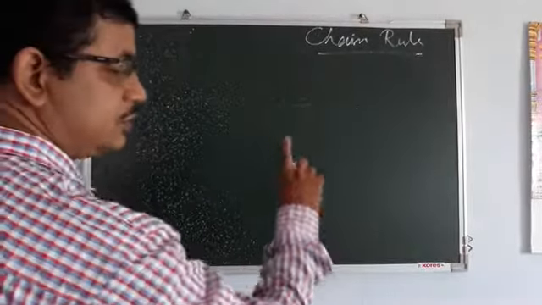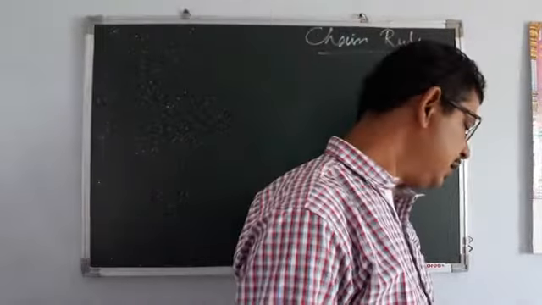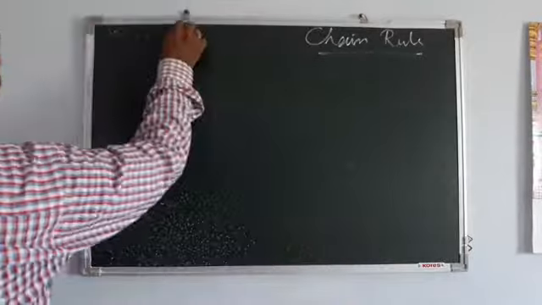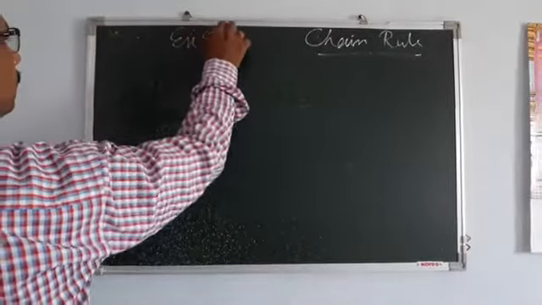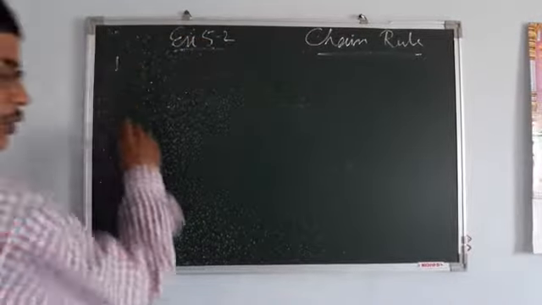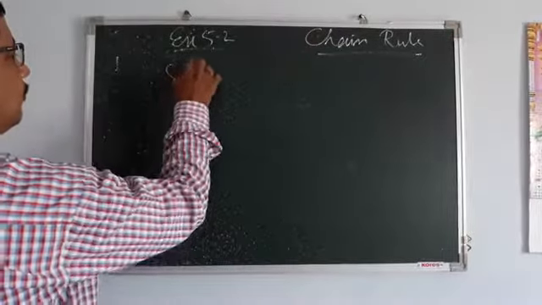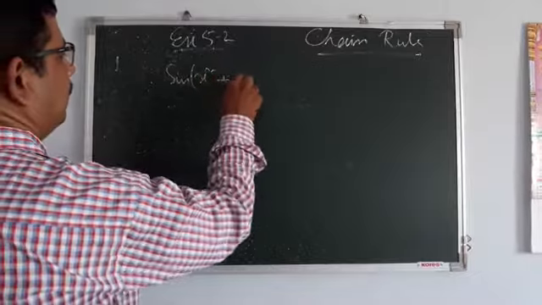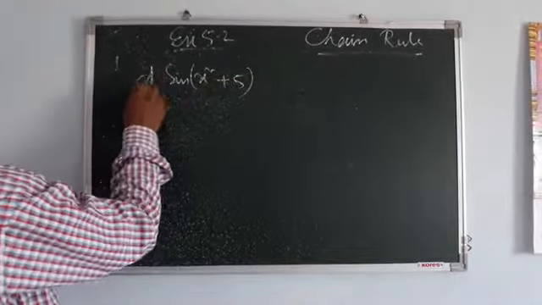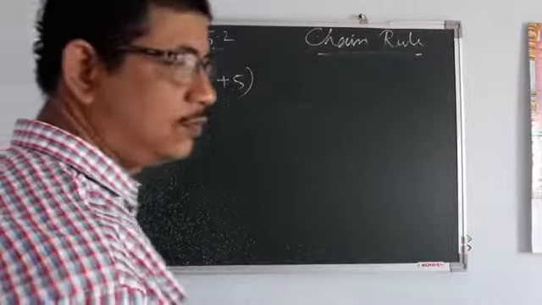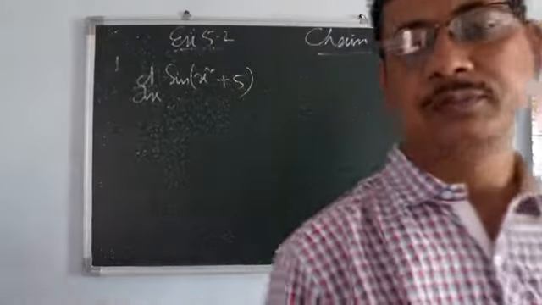Suppose in exercise 5.2 they have given sin(x square plus 5), and you have to differentiate with respect to x. Now how to do this sum?